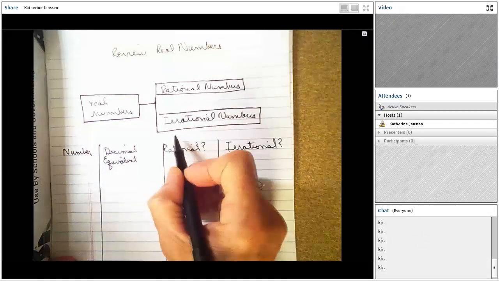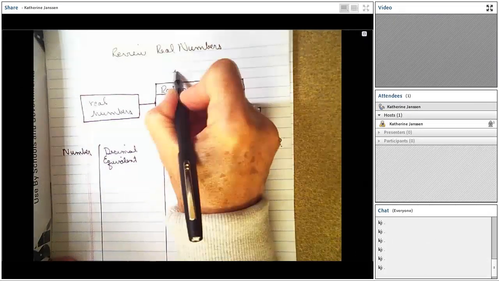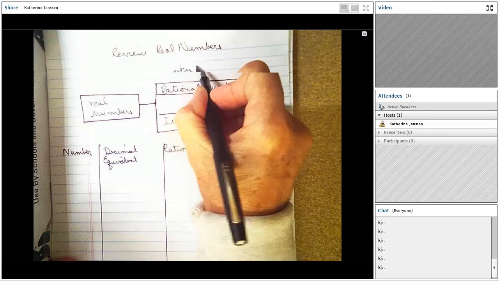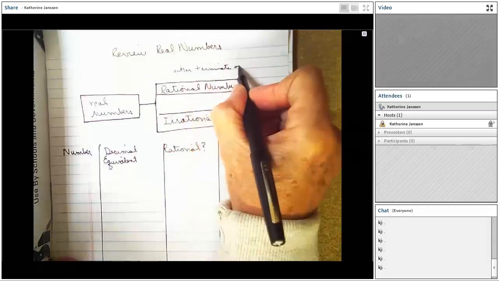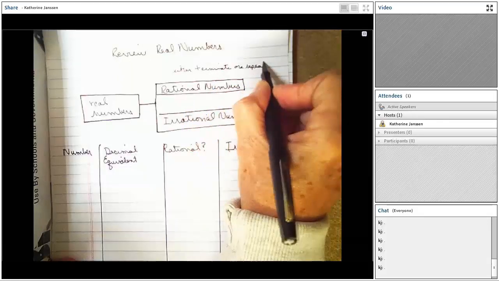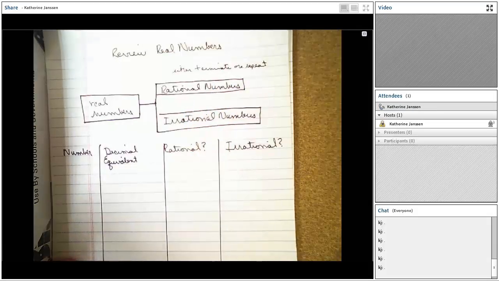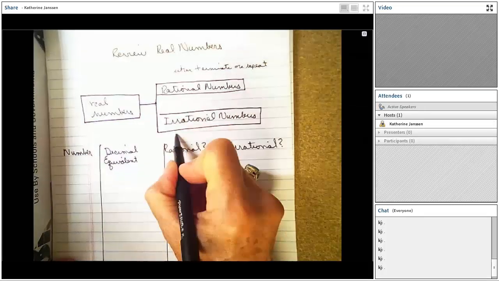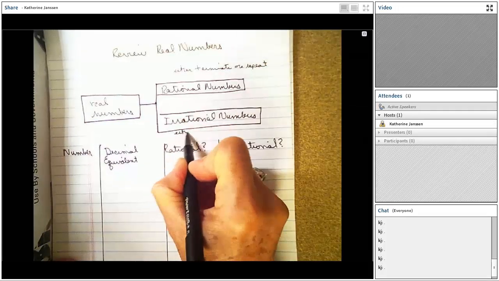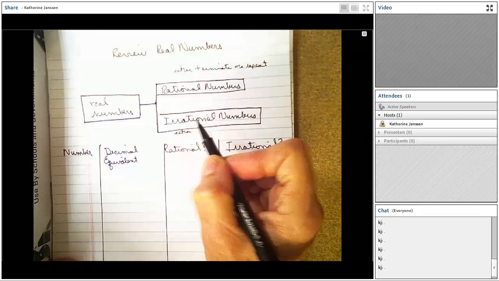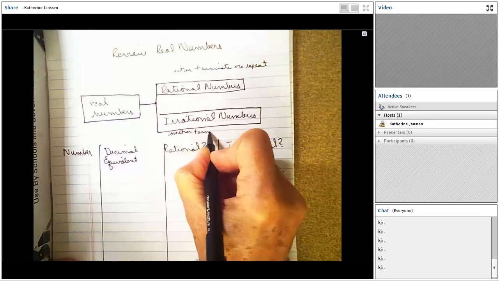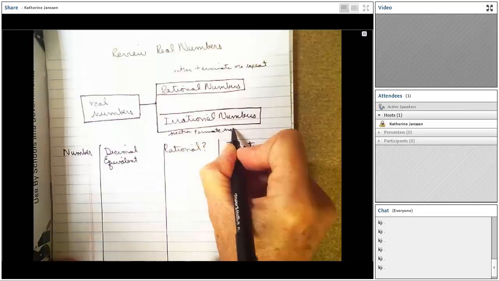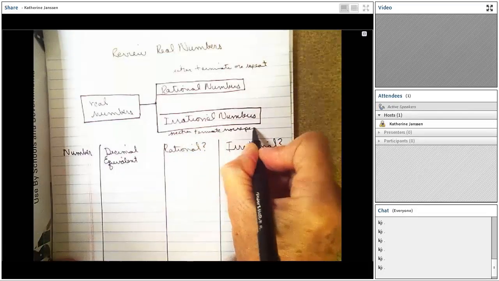Rational numbers either terminate or repeat in decimal equivalency, and irrational numbers neither terminate nor repeat in decimal format.